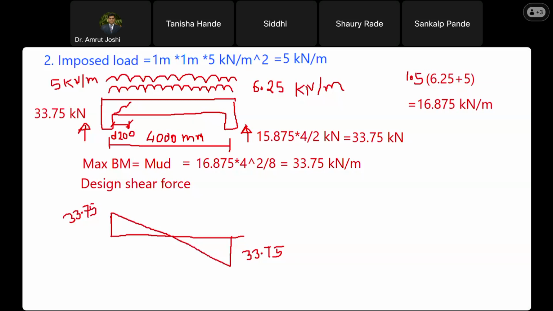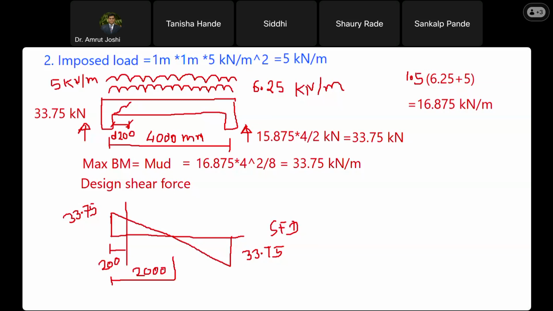So this is the shear force diagram. Now where do I want to calculate the shear force? At distance 200 mm from here. And this occurs at the midspan. So how much is this distance? This is 2000 mm. Are you with me?